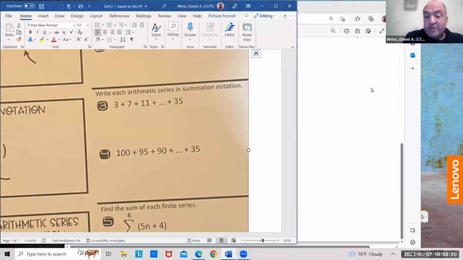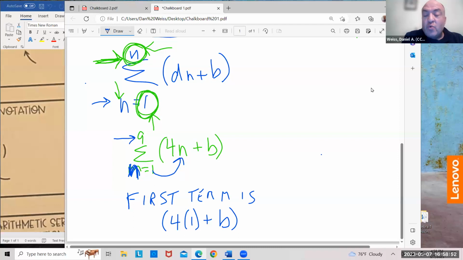Yeah, the first term is 3. So 4 times 1 plus B equals this 3. So B has to be -1 then. Thank you very much. B is -1.